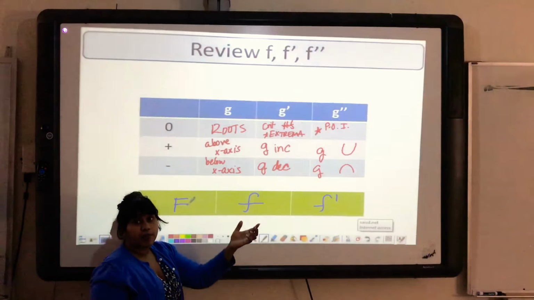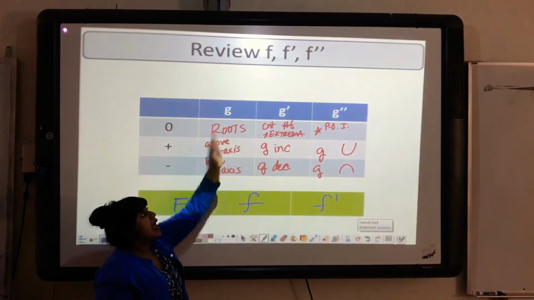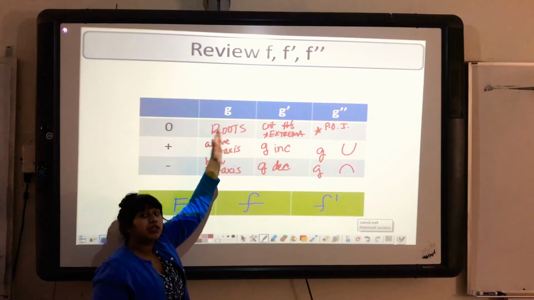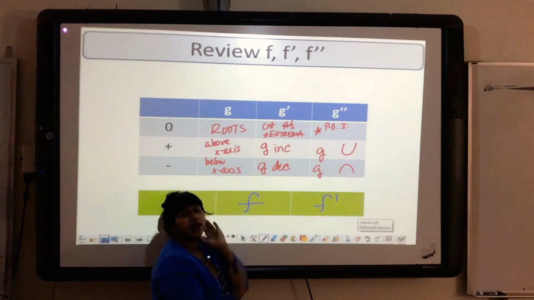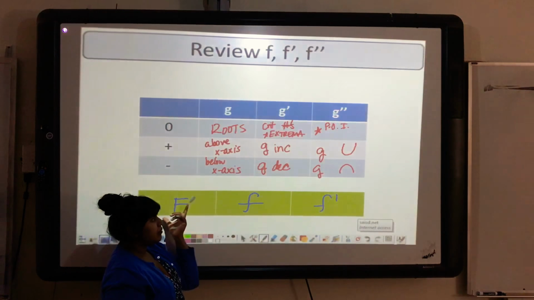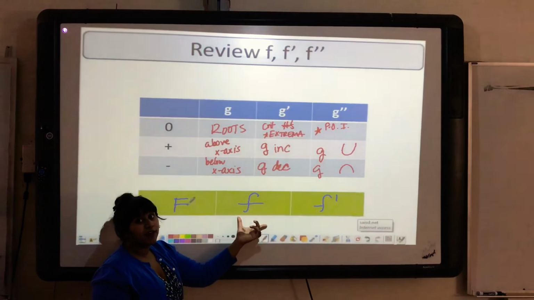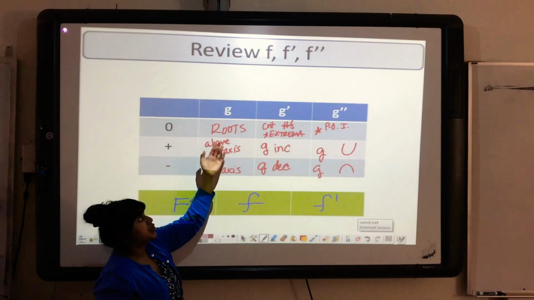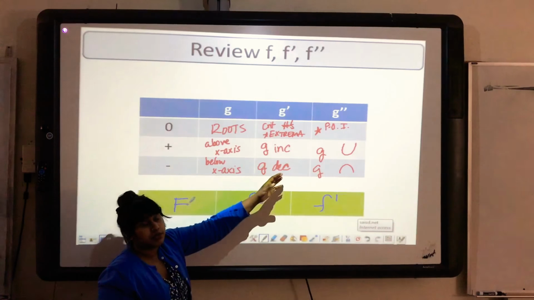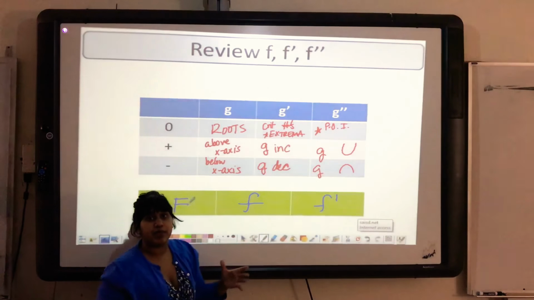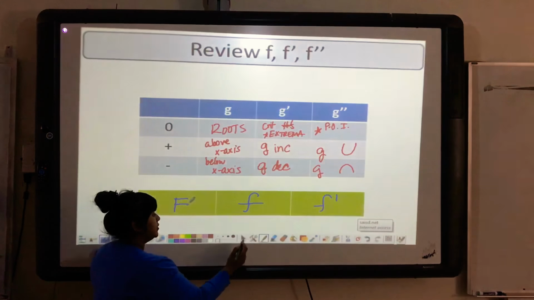We can see these as the relationships up here. I can also shift them over and see them as other relationships. If I'm just looking at f, or the integral and its function, I can look at it as a relationship between g and g prime, or the relationship between g prime and g double prime. It just depends on what information we're given.